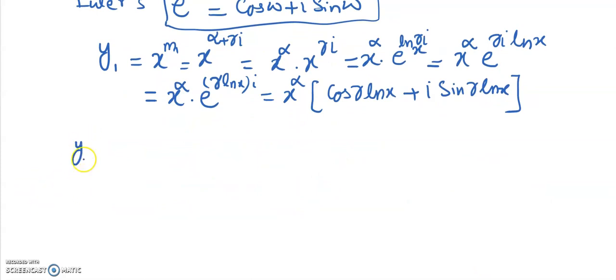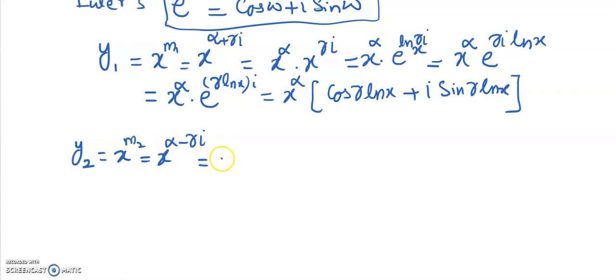So for y2 we can similarly get an expression, because for y2 it will be x to the power m2, and x to the power m2 will be alpha minus gamma i.